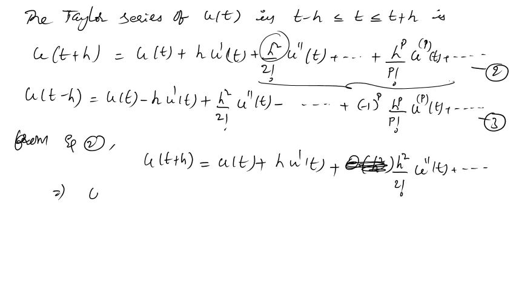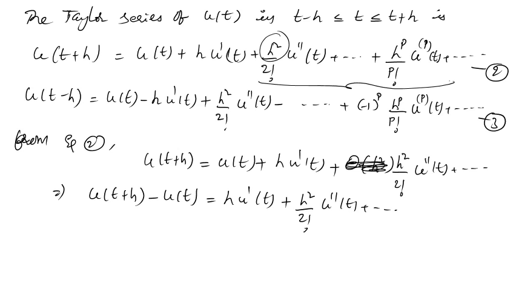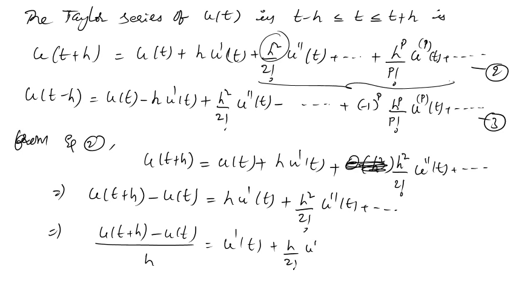This implies u of t plus h minus u of t equal to h into u dash t plus h square by factorial 2 u double dash t and so on. Let us take h common: u of t plus h minus u of t whole by h equal to u dash t plus h by 2 factorial u double dash t and so on.